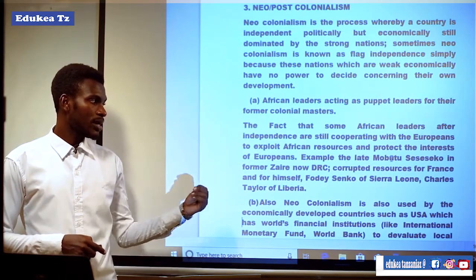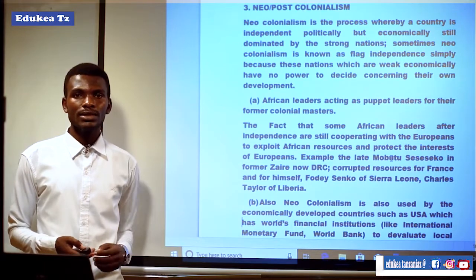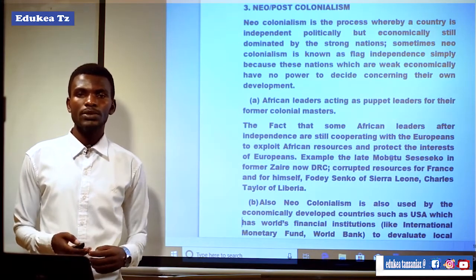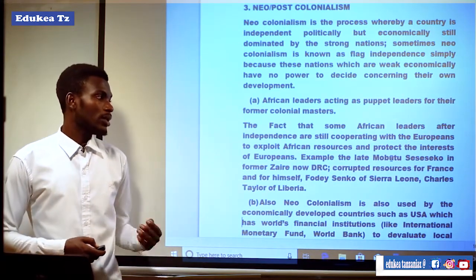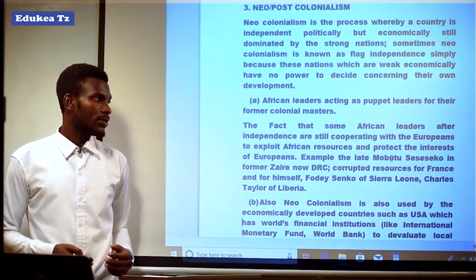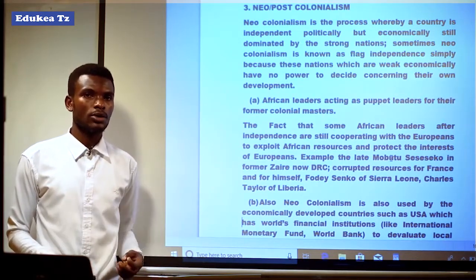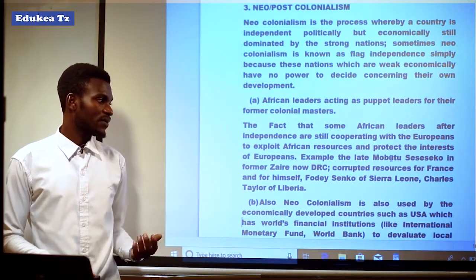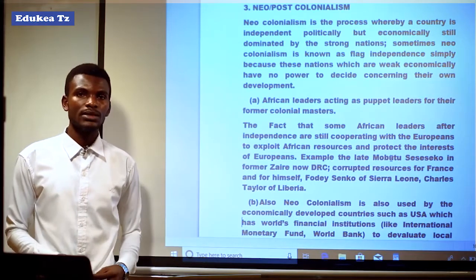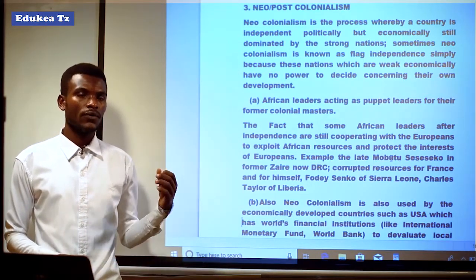It means that Mobutu Sese Seko collected the resources of the Congolese to give to the French, their former colonizers, and for himself.